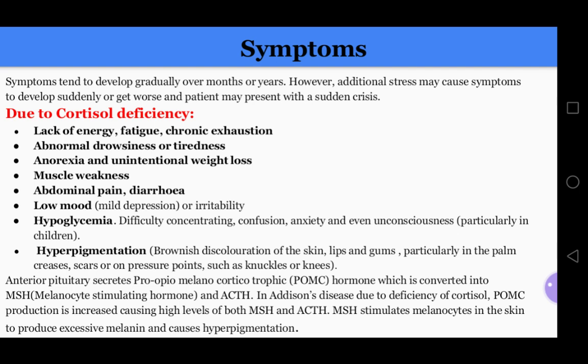Then hyperpigmentation, which is brownish discoloration of the skin, lips, and gums, particularly in the palm creases, scars or on pressure points such as knuckles or knees.